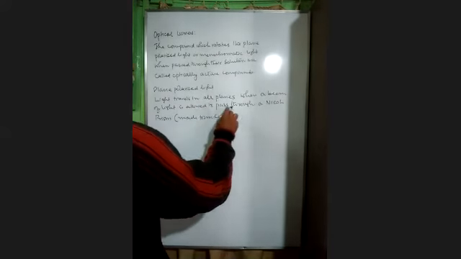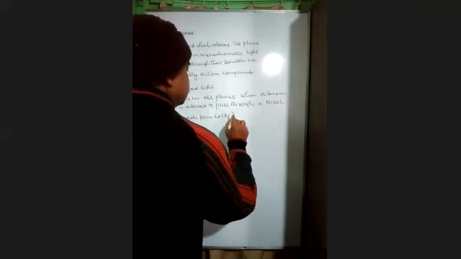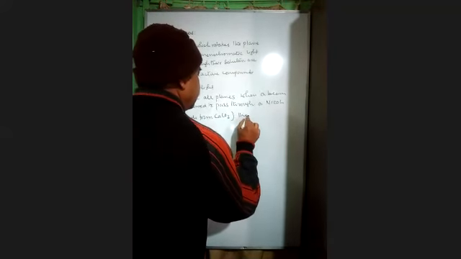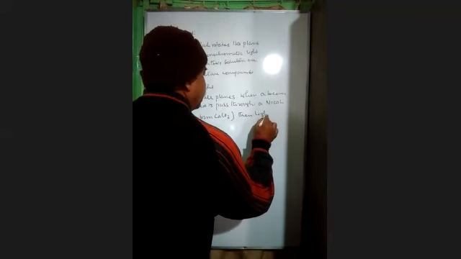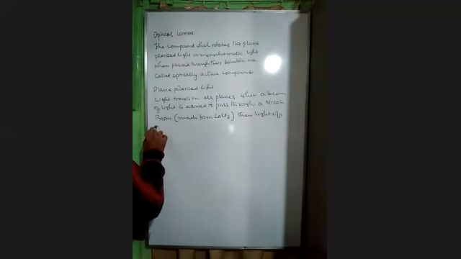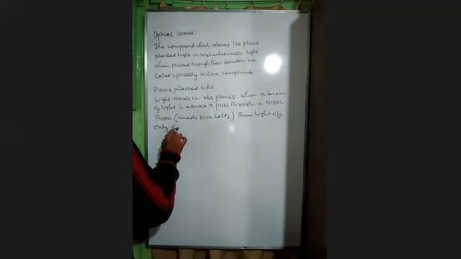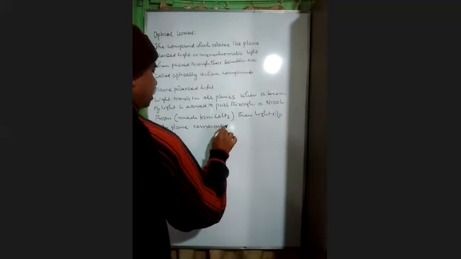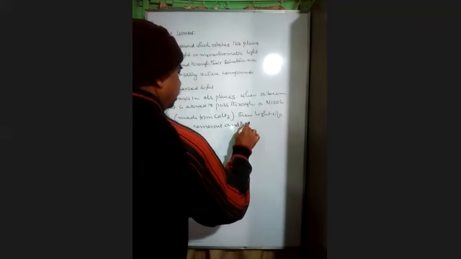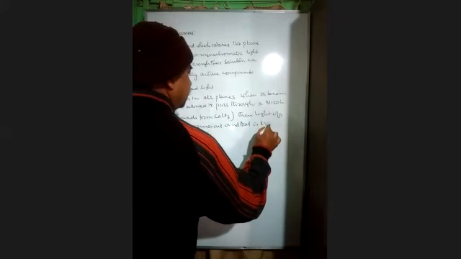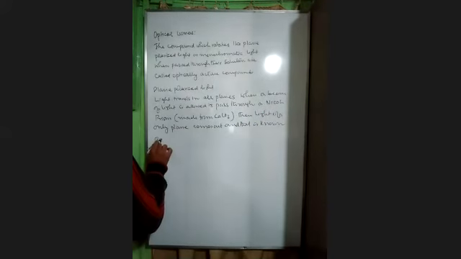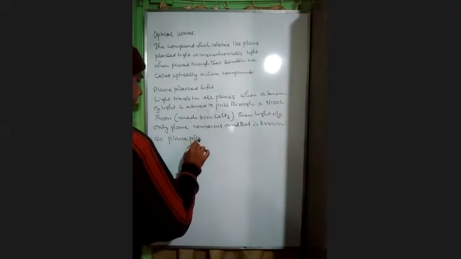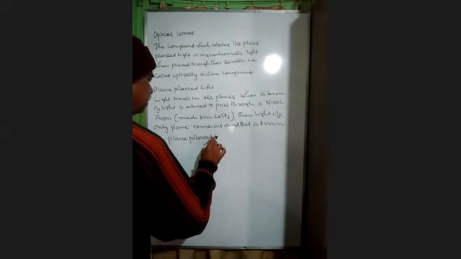So light is allowed to pass through a nicol prism. Then light of only one plane comes out, and that is known as plane polarized light.